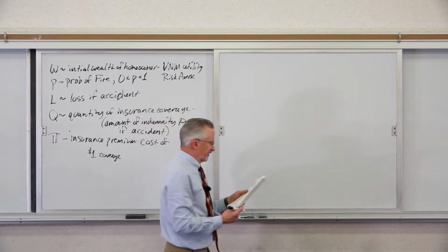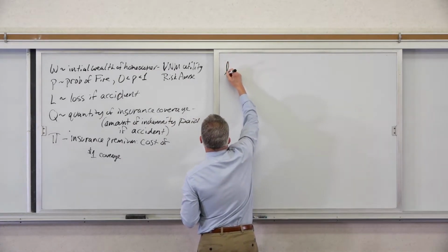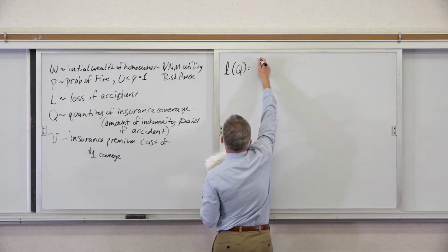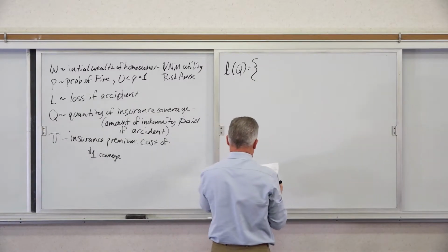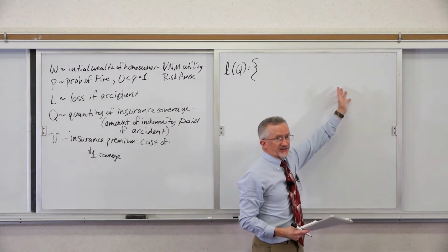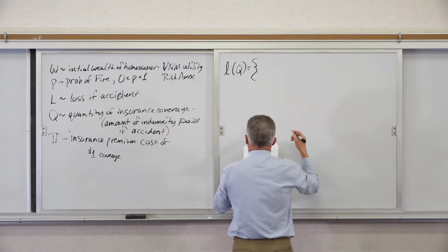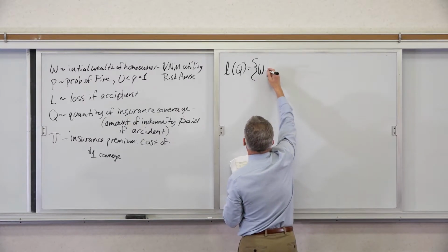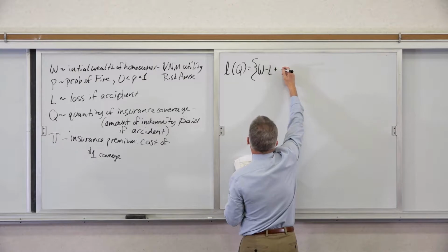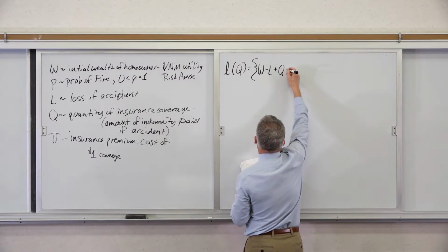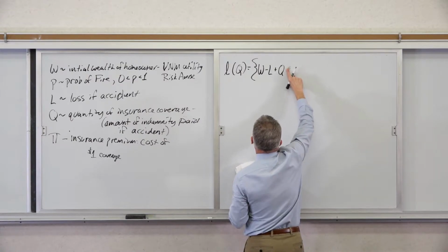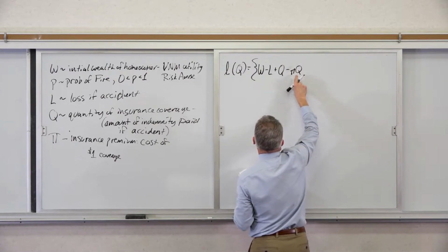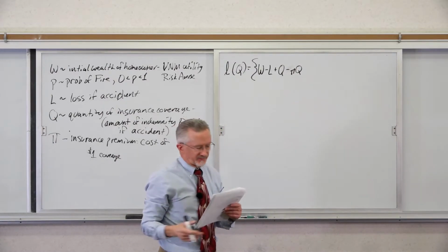Let's set up the lottery that will be facing that homeowner if insurance Q is purchased. The lottery, which I'll describe with a little cursive L, is equal to the set. We're first going to describe the two states and then the probabilities. If there's a fire, it's W minus the loss plus the indemnity that they get because of the fire, minus pi times Q, the cost of that Q dollars worth of coverage.